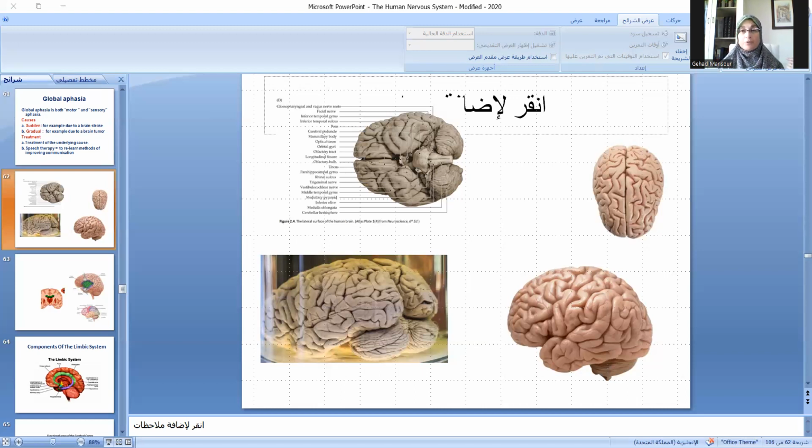We talked about olfaction or smelling, and we talked about hearing, the auditory and auditory association areas. What about taste? Actually, taste is present in the insula. If we go back to the insula here, the taste center is partly present in the insula and partly present in the lowermost part of the frontal lobe.